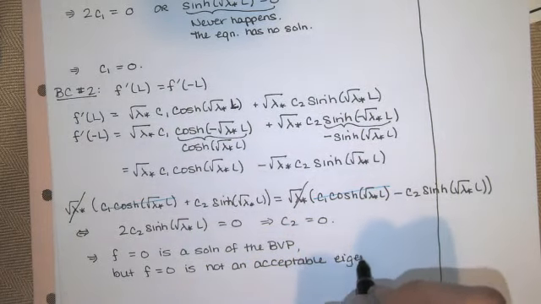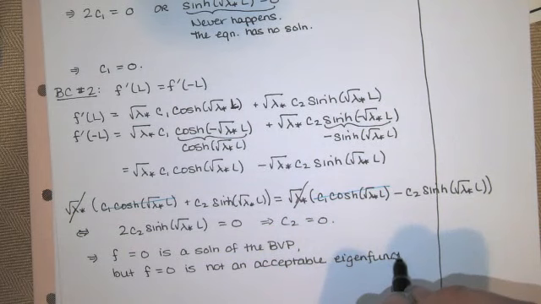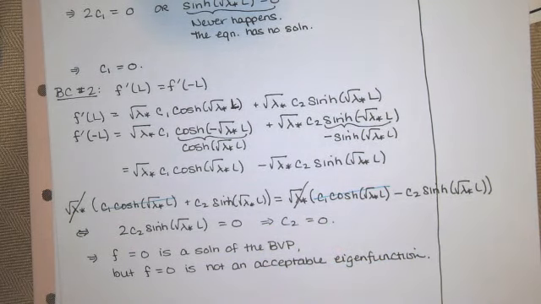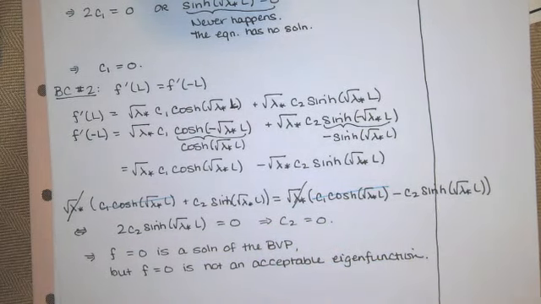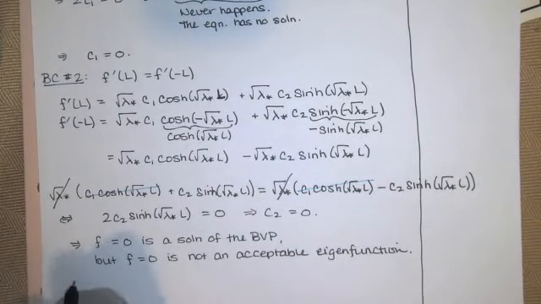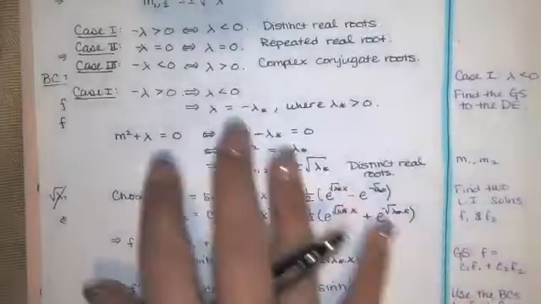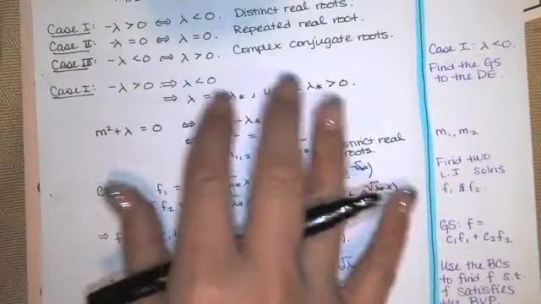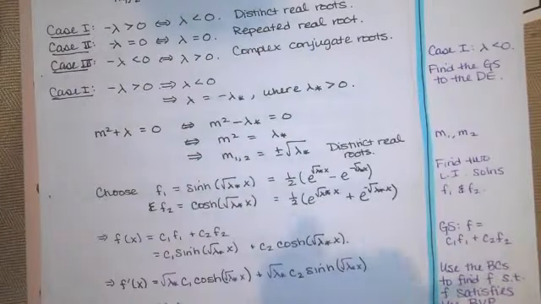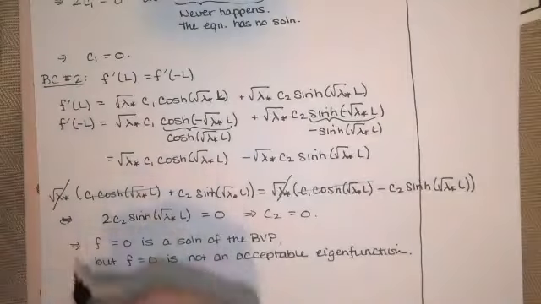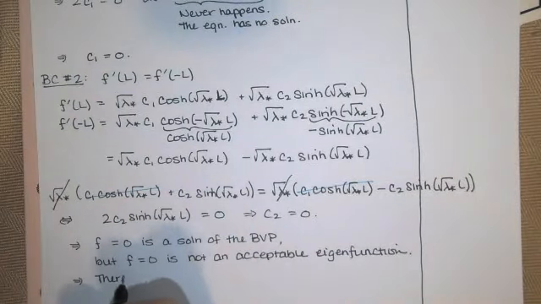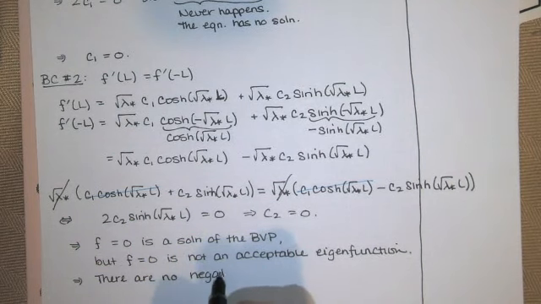By definition of an eigenfunction, we're looking for non-zero solutions, not zero solutions. So that means, let's go back to our eigenvalues. When we talked about case 1 where lambda is negative, there are no lambda that are negative. So we can say there are no negative eigenvalues.